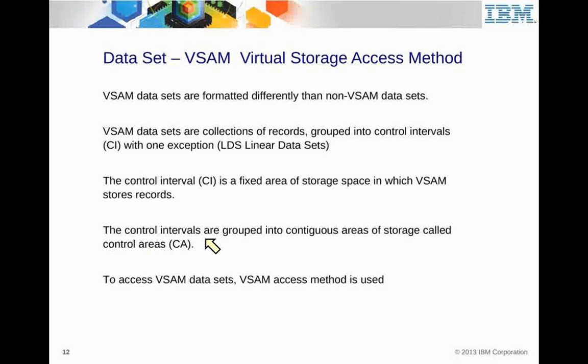Control intervals are grouped in contiguous areas of storage called a control area. Now, you can get additional control areas. And there's actually a book that describes it that I'm going to point out to you in a minute.